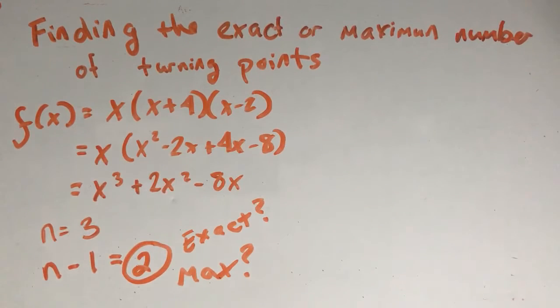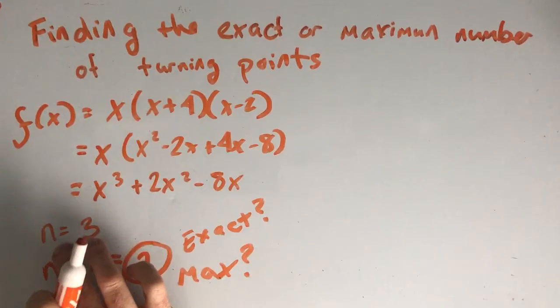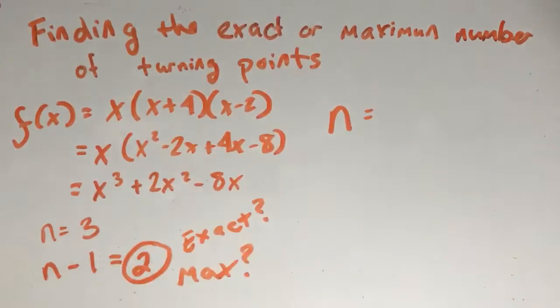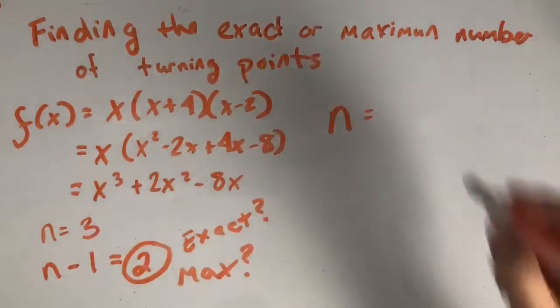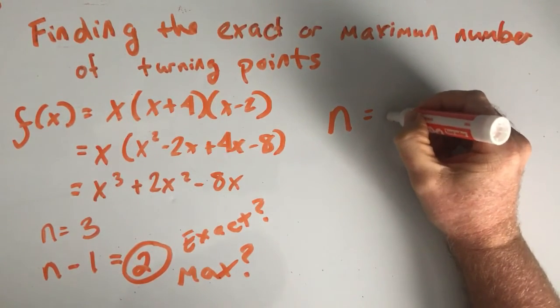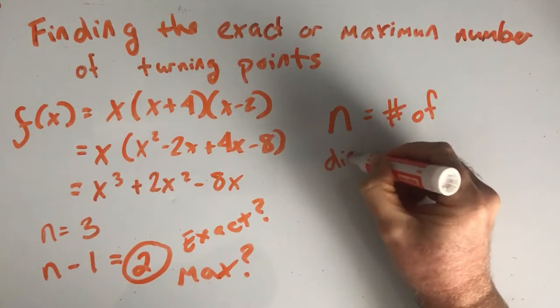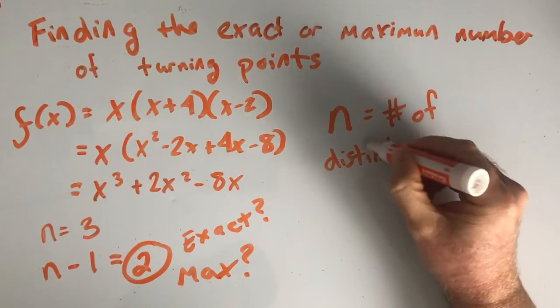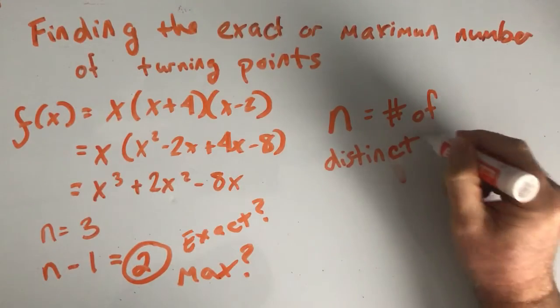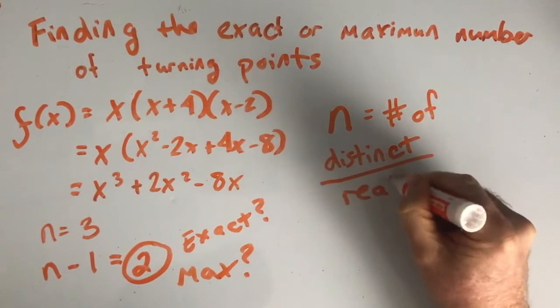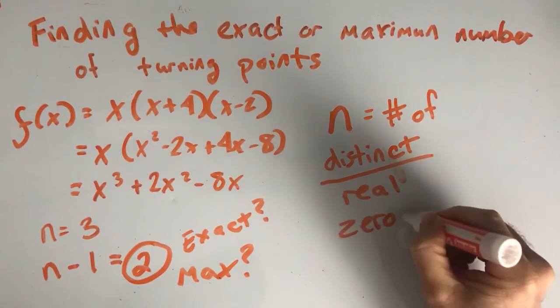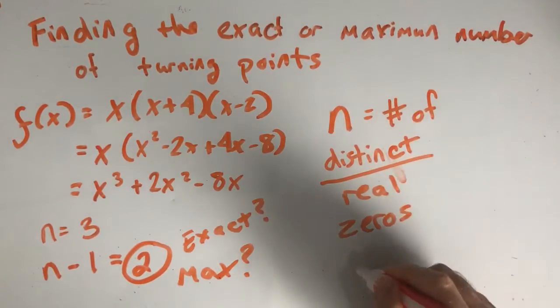All right, so the way I do that is if a polynomial function, okay, if the degree n is equal to the number of distinct real zeros, then it's exact.